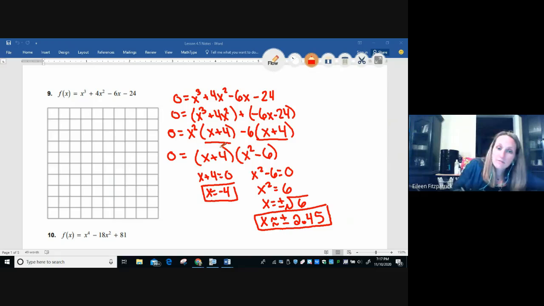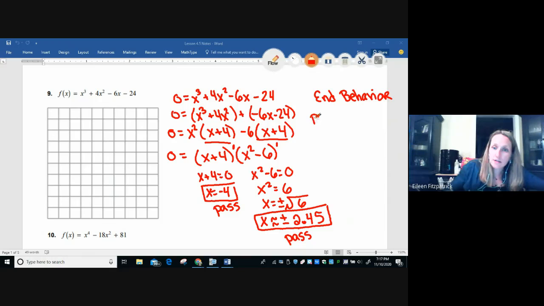Okay. Now, in factored form, this factor has a degree of 1, and this factor also has a degree of 1. So they both have odd degree, and when there's odd degree, that means we're going to pass. Now, I just need to talk about the end behavior, and I can start graphing. So the end behavior, this is degree 3.